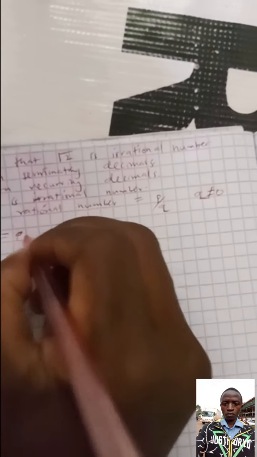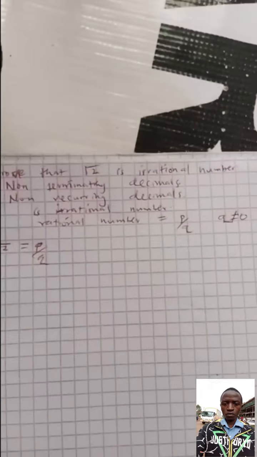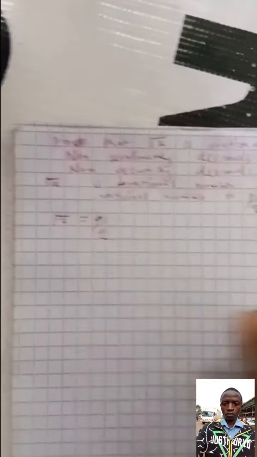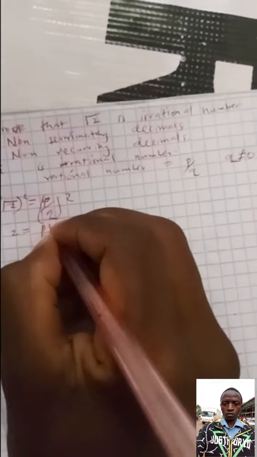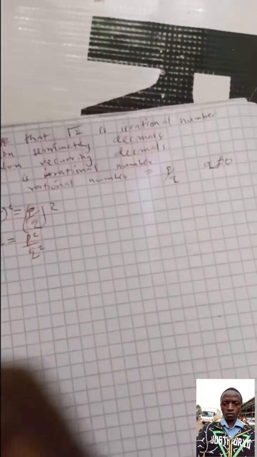So it will be p over q, and let's remove the root here by squaring both sides. You get 2 equals p squared over q squared.